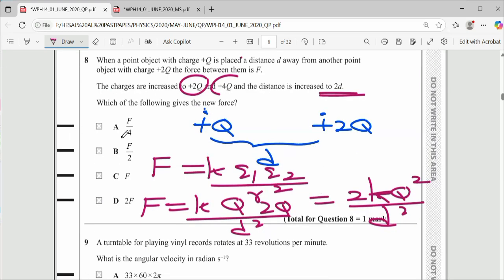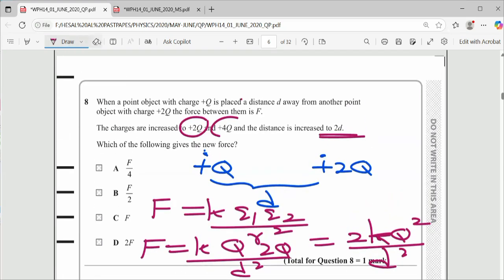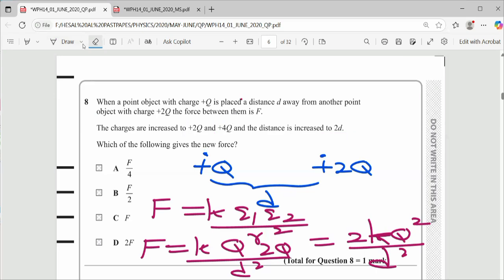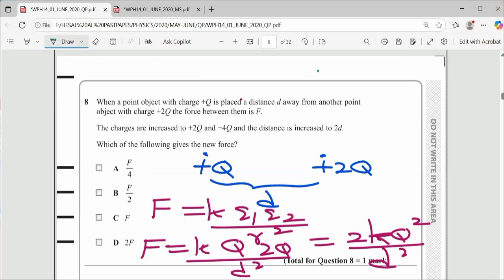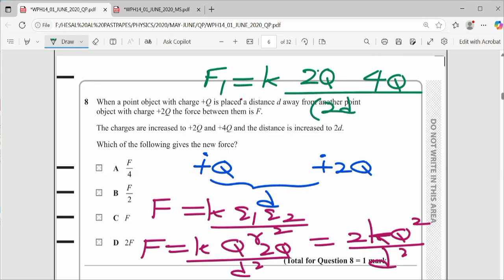Now it applies to the second case. I consider it as F1. K is the Coulomb constant. The first charge is 2Q, the second one is 4Q. The distance is 2D, squared. I can do a little simplification by this.